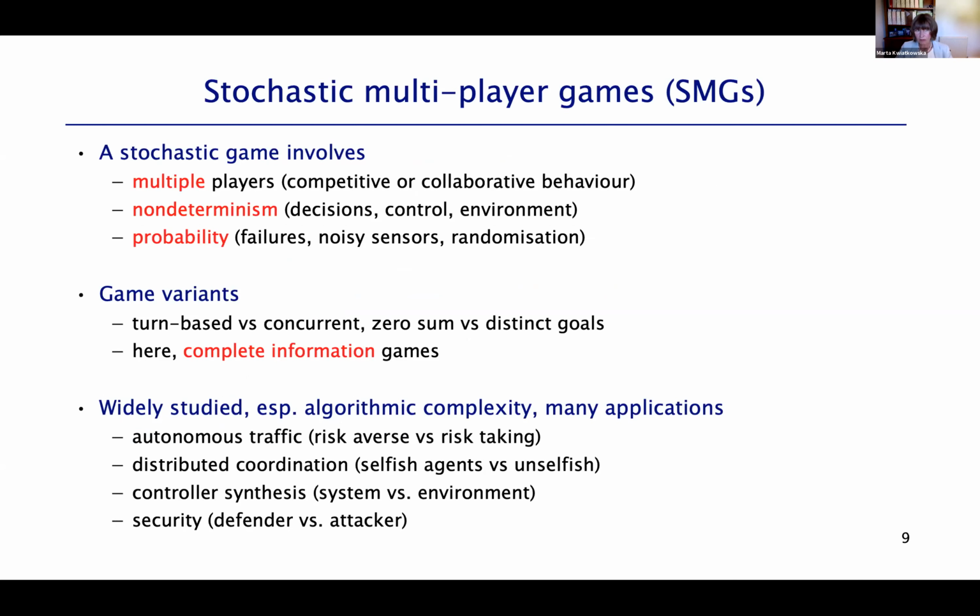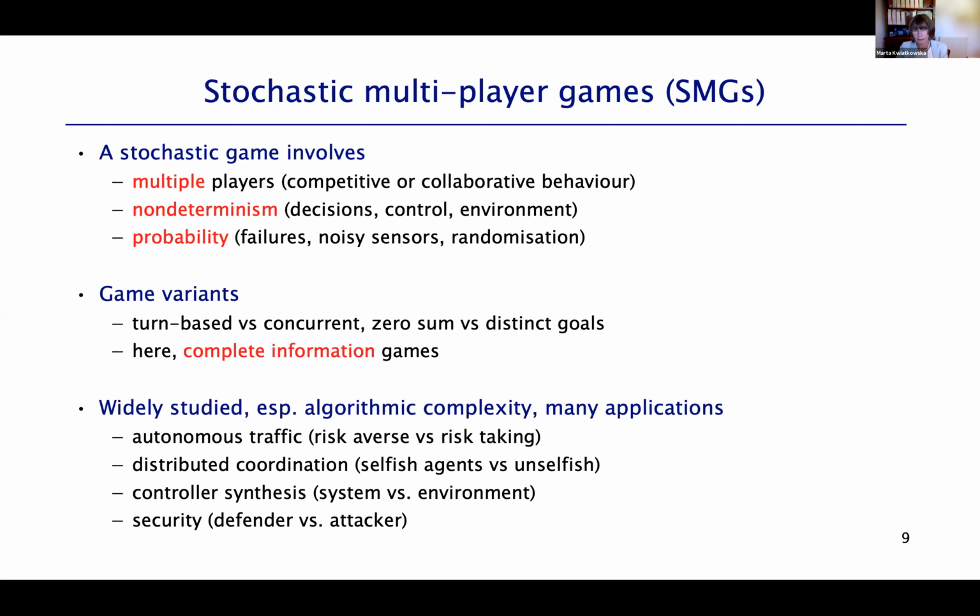But it will also involve multiple players, and these players will be non-deterministic because they will have a choice between moves. They will have decision points, and these decisions can depend on history.